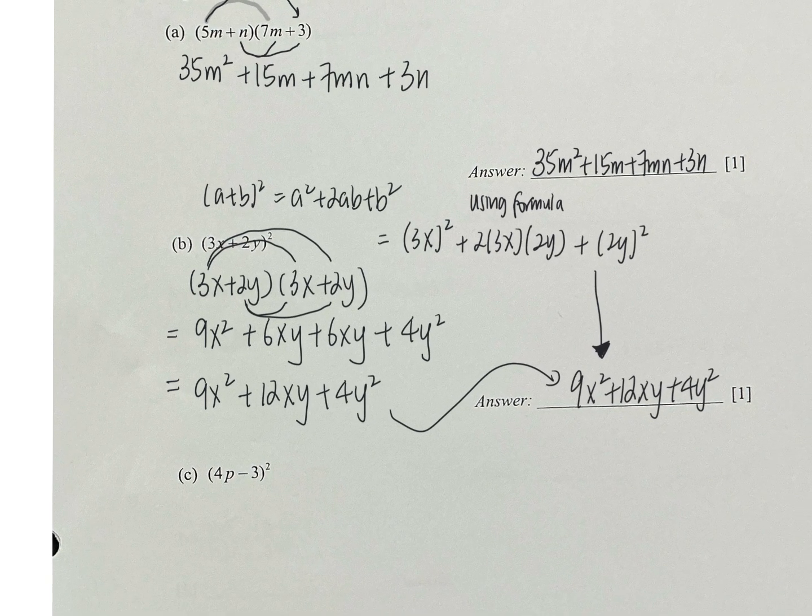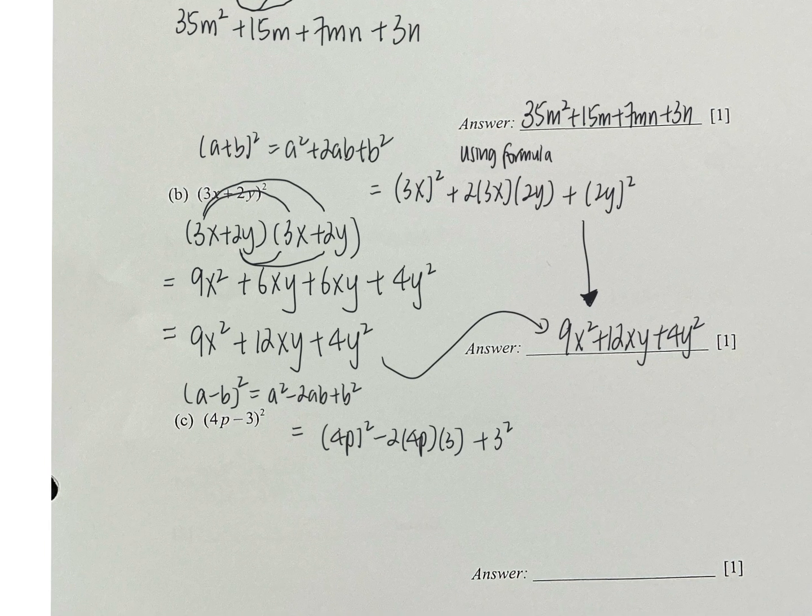Okay, next one. Same thing. For the group of you who's using formula, you can do this: a square, 2ab, b square. If you don't like, you can write this 2 times. The same thing 2 times.